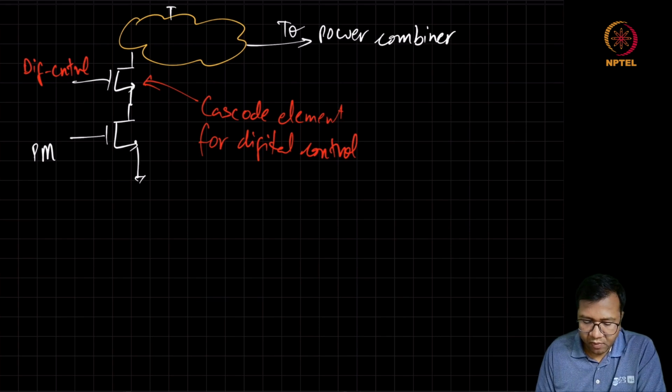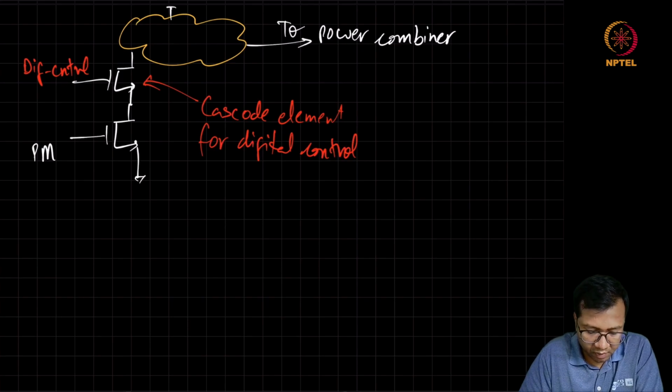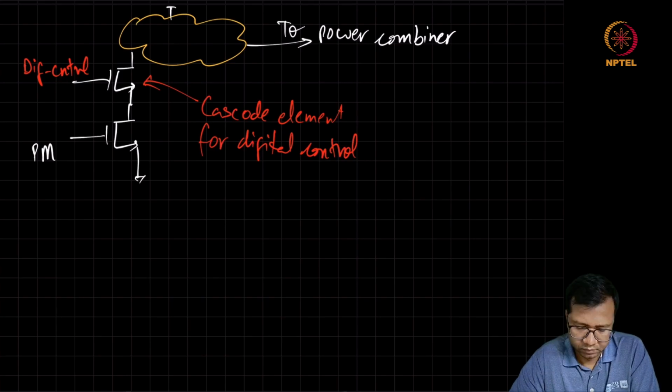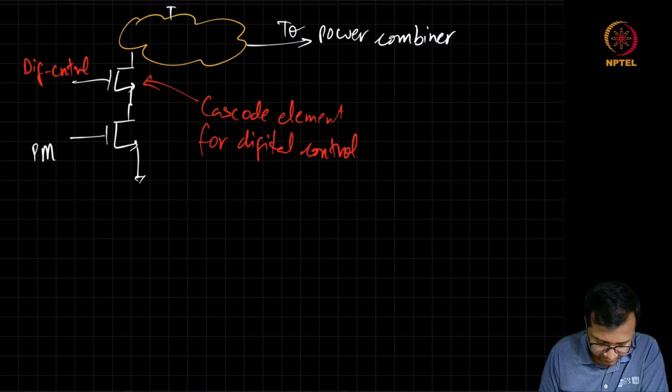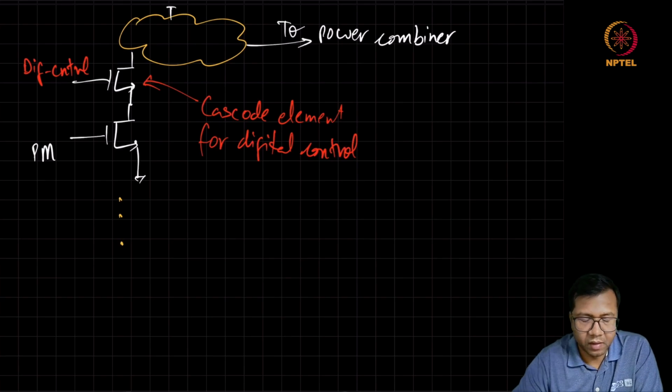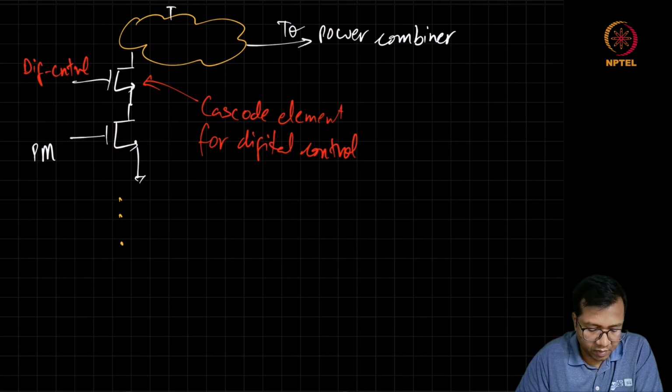By using cascode elements, it is very easy to convert any power amplifier with a digitally controlled on-off switch. And now by having multiples of these unit cells, we can actually have a digitally controlled envelope while the phase modulated signal is directly fed to the input transistor.